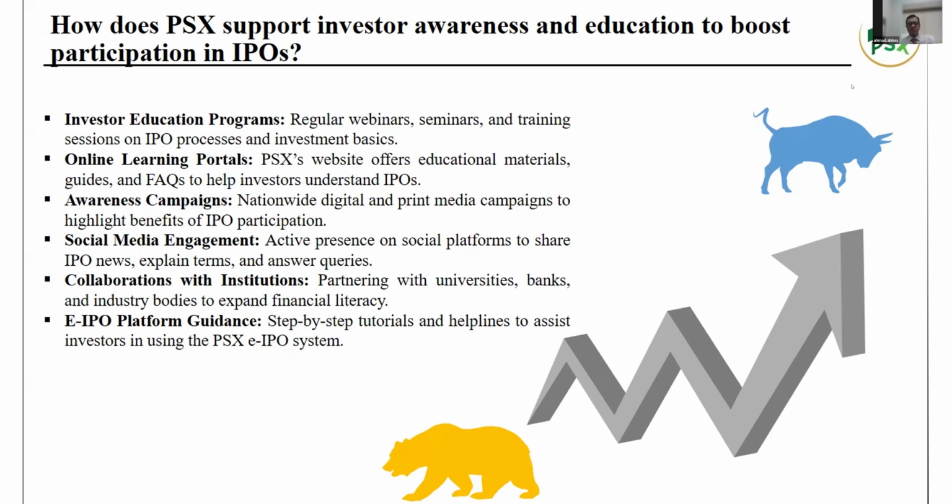And for that, we can't use the conventional ways, so we have to use the social media platforms extensively. And then we collaborate with institutions, we partner with universities, banks, industry bodies to expand financial literacy. And we have our EIPO platform guidance, step-by-step tutorials and helplines to assist investors in using the PSX EIPO system.